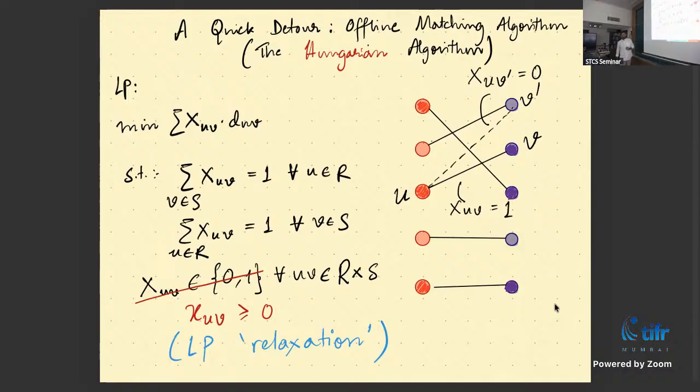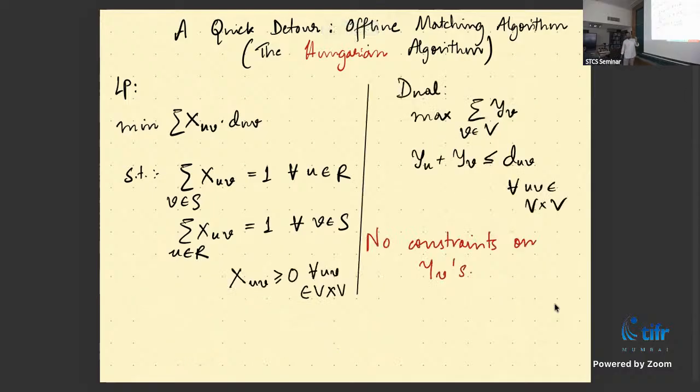What we are going to do instead is take the dual of this linear program. The Hungarian algorithm is essentially what is known as a primal dual algorithm. So we take the dual, and let us spend a bit of time on what the dual is telling us. We have a variable for each vertex, because the constraints on this side are on the vertices.